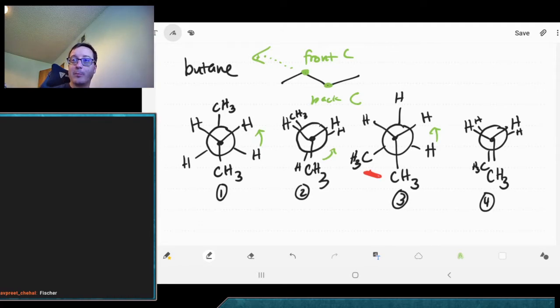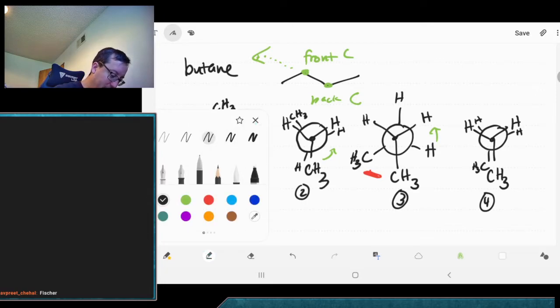And if we keep rotating, we see number 5 will be essentially a mirror image of number 3. I'll keep drawing them.